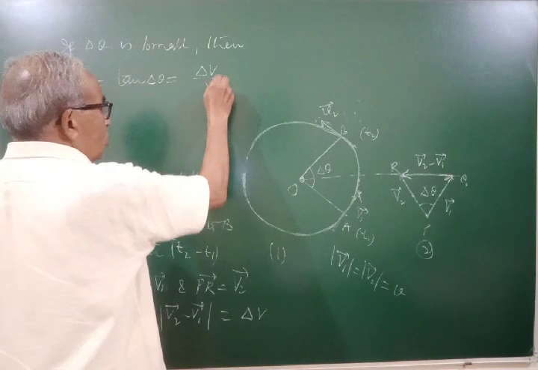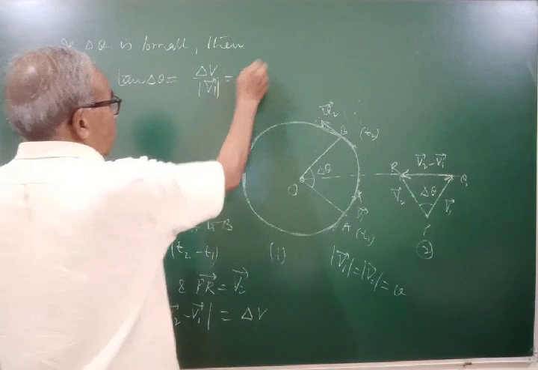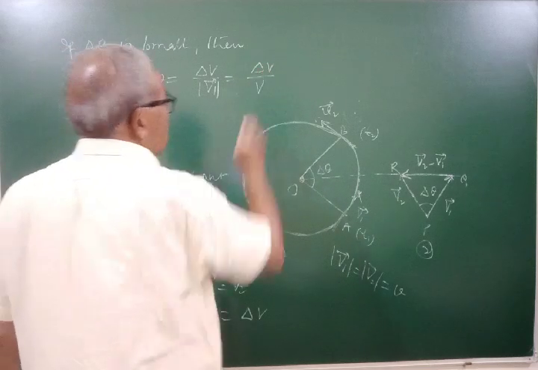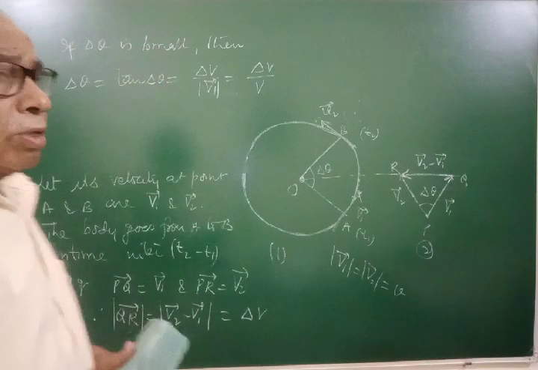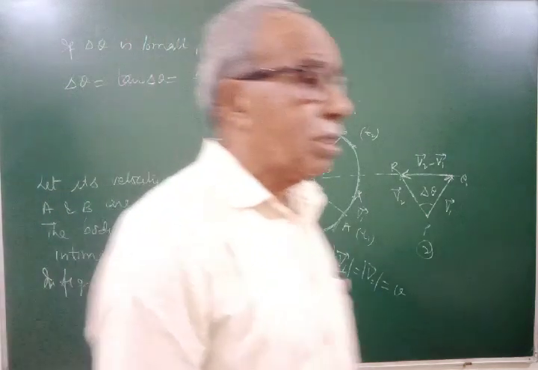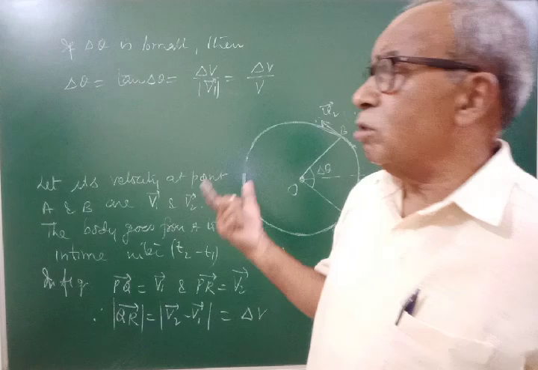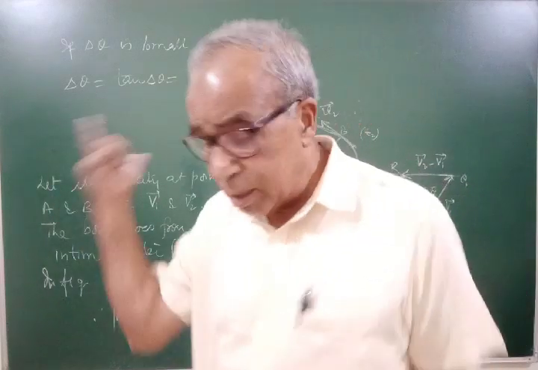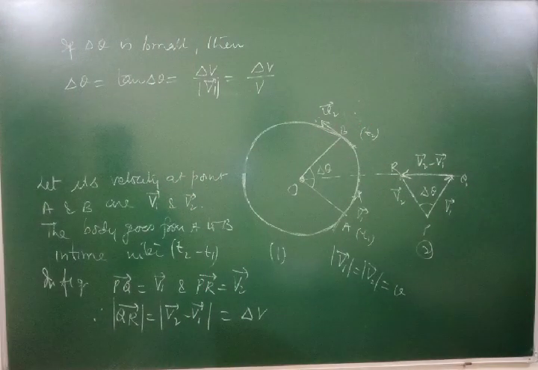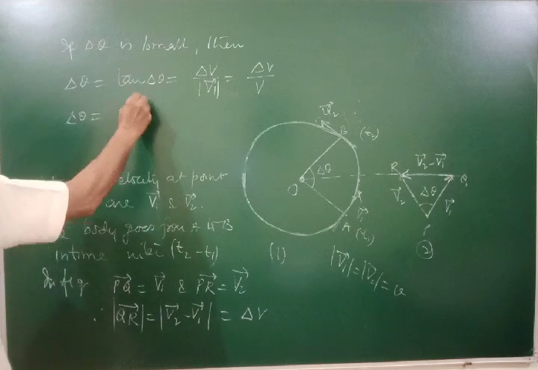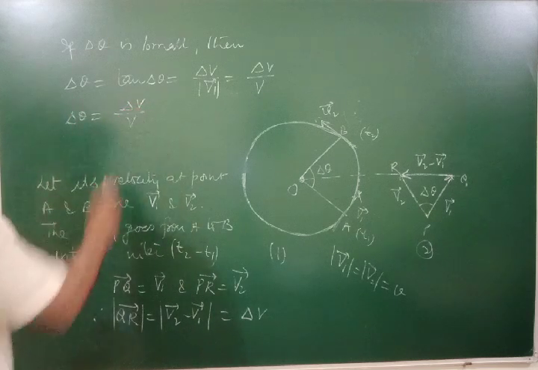You can say modulus v1 is equal to delta v upon v. Actually, I told you that when theta is very small, tan theta equals theta, sin theta equals theta, and then theta equals arc upon radius. The concept is there. So delta theta is equal to delta v upon v.